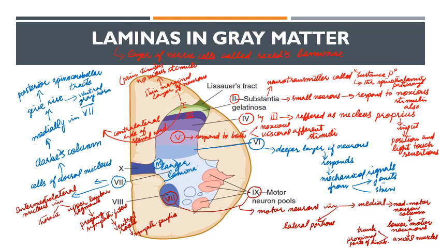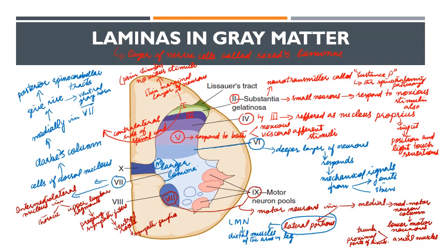The lateral portion contains also lower motor neurons, and these lower motor neurons supply distal muscles of the arm and legs.